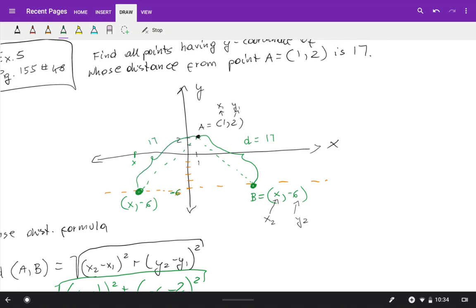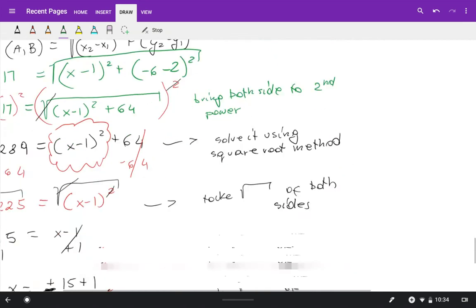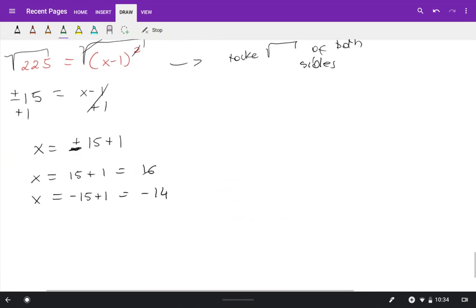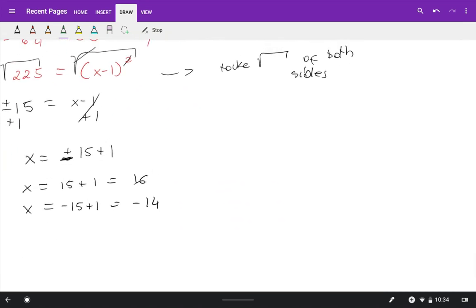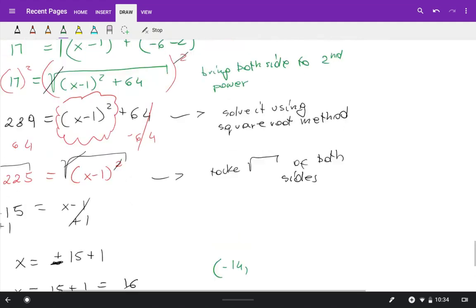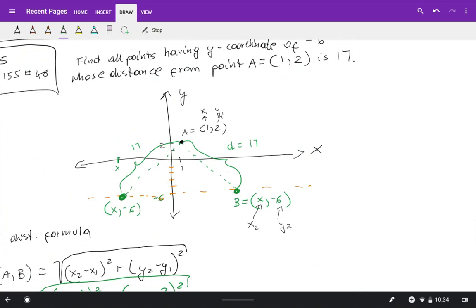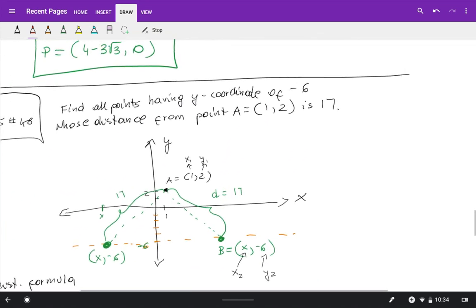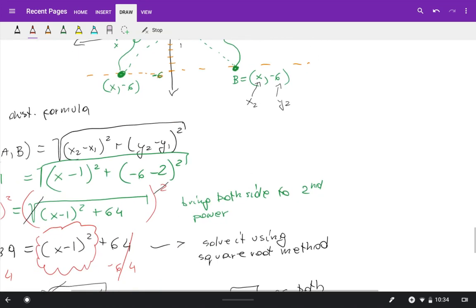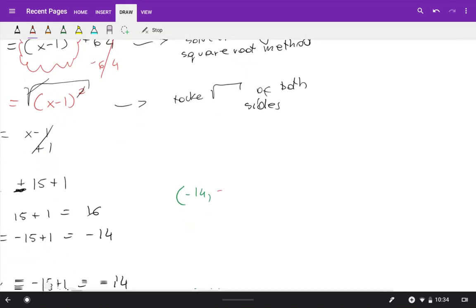The distance is 17. So the first point will have coordinates negative 14, comma. Again, don't forget that each point which we're trying to find, based on that problem, has to have the y coordinate equal negative 6. So negative 6.